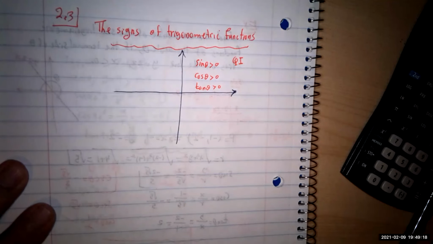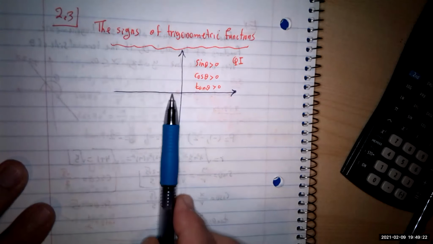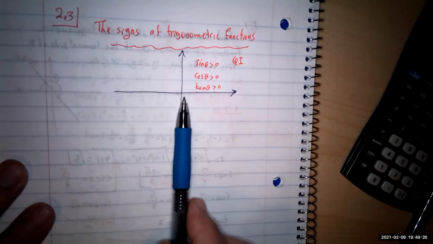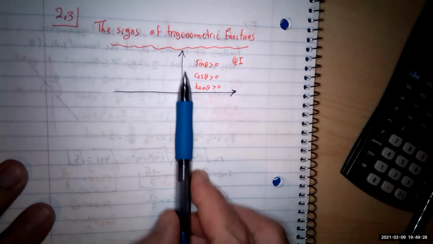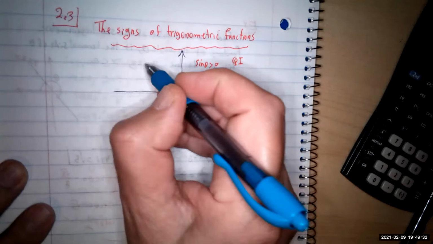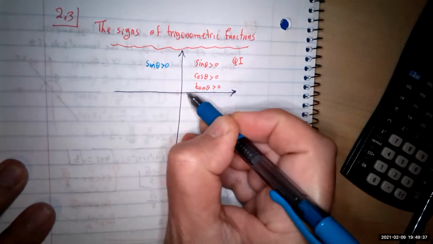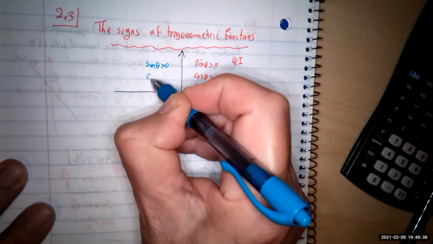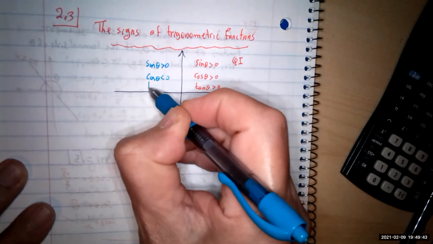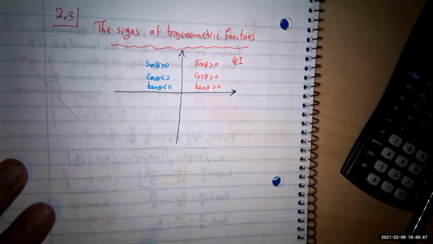Okay. Now, if you are here, X is negative, Y is positive. Remember, the sine comes with the Y. So the sine is positive again. But the cosine goes with the X, so the cosine is negative. Now, positive over negative would be negative. You see, you multiply them together if you like.